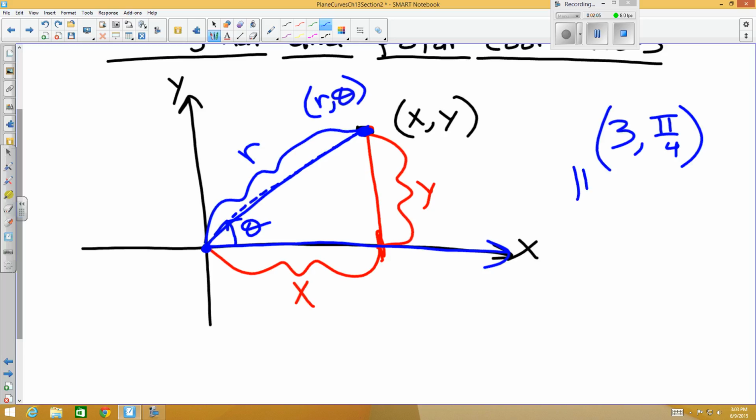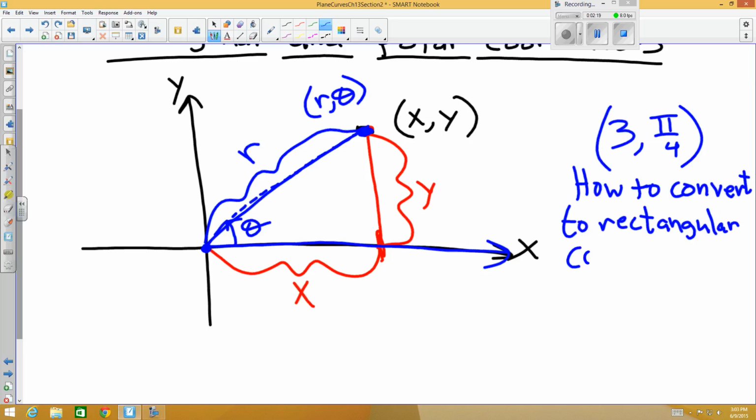So how do we convert to rectangular coordinates? Well, for rectangular coordinates, we simply need to know the x and the y coordinates. So we need to figure out what x is and what y is.